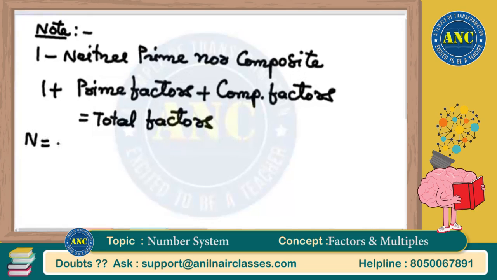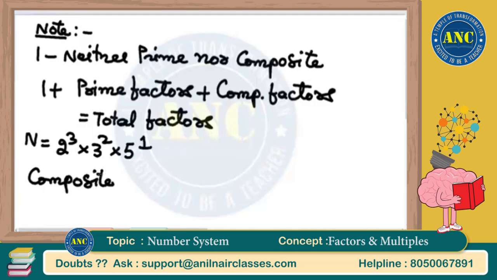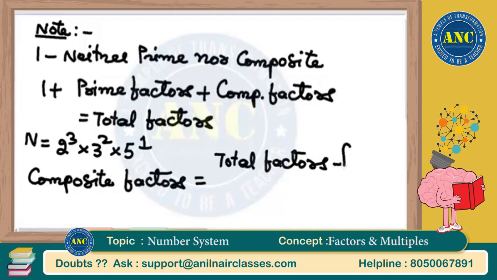Suppose n is 360, which is 2 cube into 3 square into 5 power 1. The question is to find the total number of composite factors. Total number of composite factors is total factors minus (1 plus prime factors).